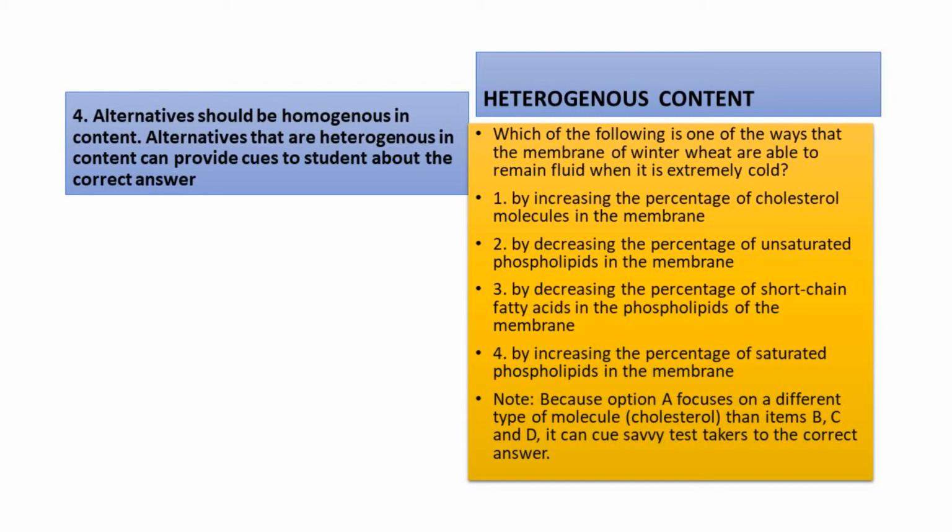Four alternatives are given. Because option A focuses on a different type of molecule, cholesterol, than items B, C and D, it can cue savvy test takers to the correct answer. So it can provide a clue, by seeing that three are homogeneous and one is heterogeneous, so naturally the heterogeneous one has to be the right answer.